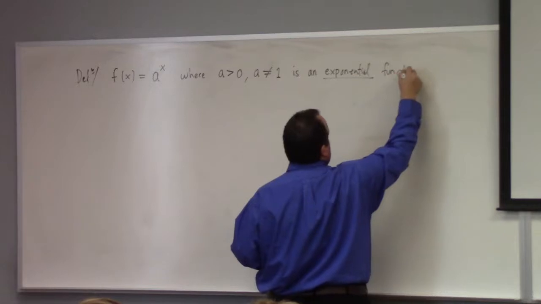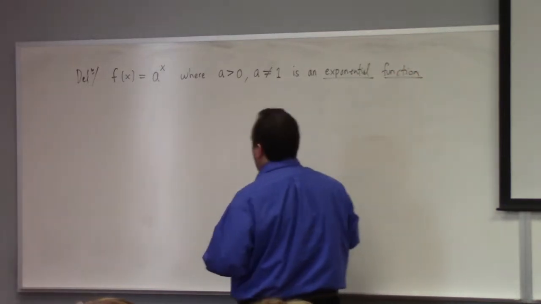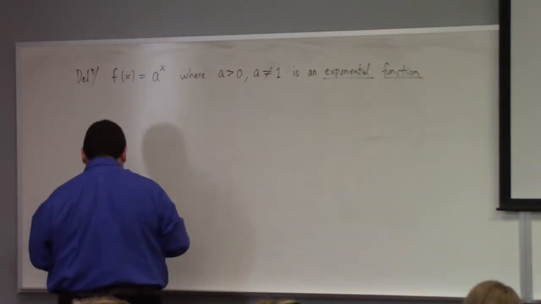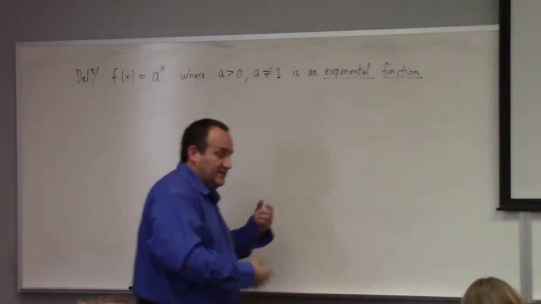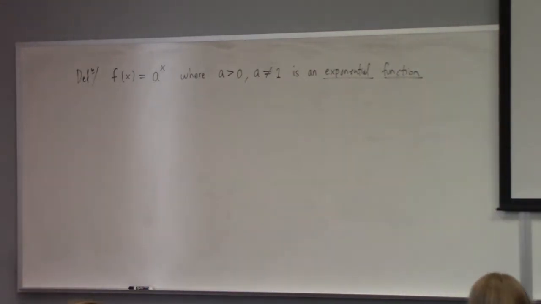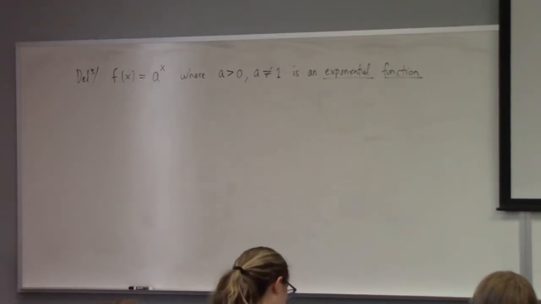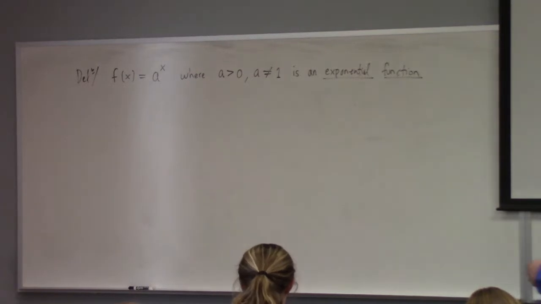So if I talk about exponential function, I'm talking about that. And because this function is 1-to-1, it has an inverse function, and the name for that inverse function is the logarithm.